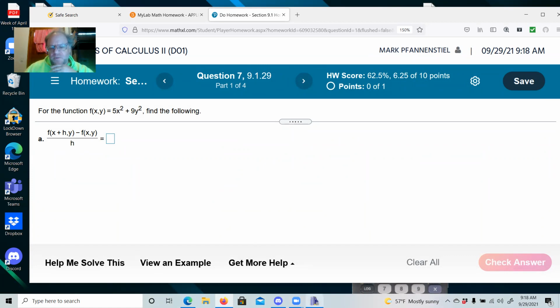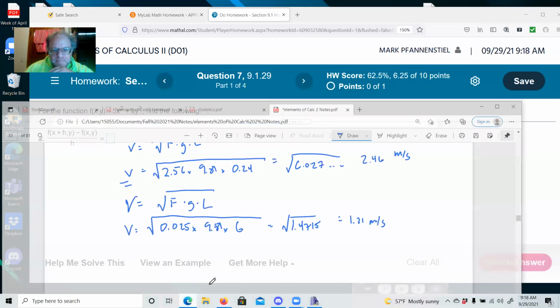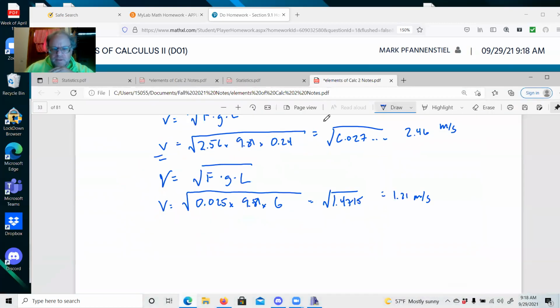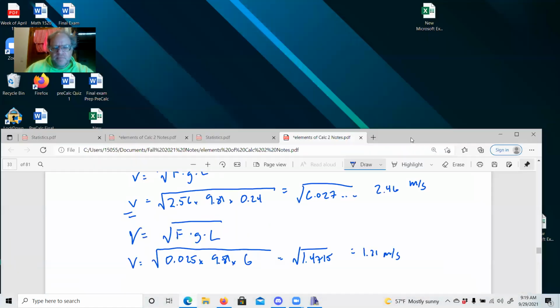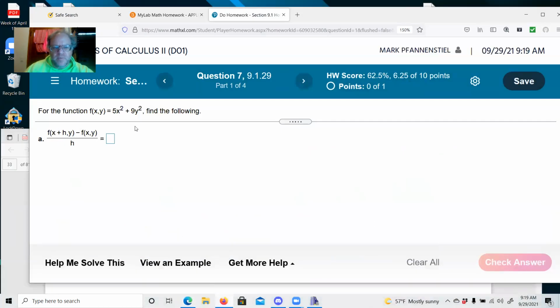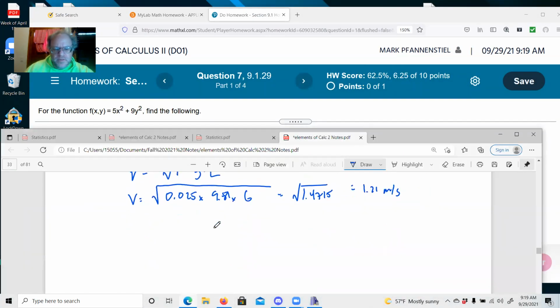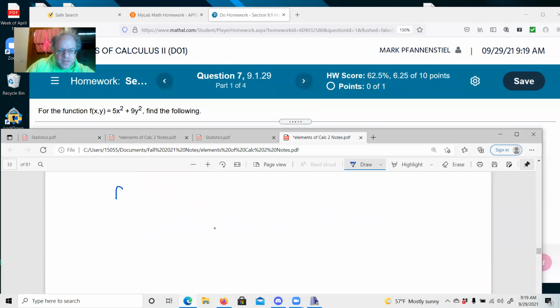All right, so what are we supposed to do here? Let's go through it. We're going to be okay here. So this is 5x squared plus 9y squared. So f of x, y is equal to 5x squared plus 9y squared.